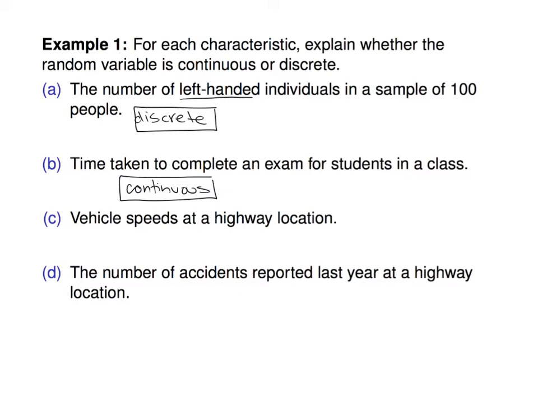Similarly to the exam time, you can be driving at some really precise speed that contains a decimal and lots of numbers after it. So this is also continuous. And then the number of accidents reported last year at a highway location, that's an example of a discrete case.